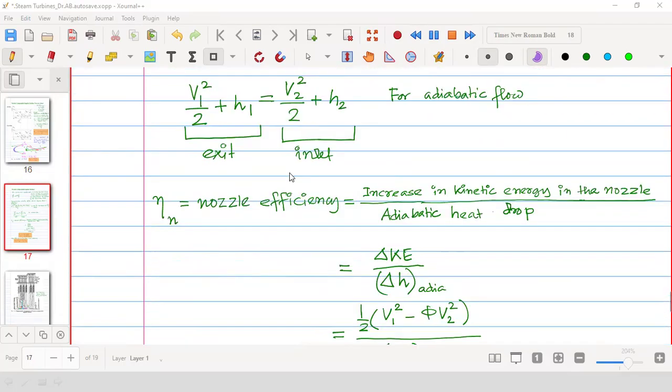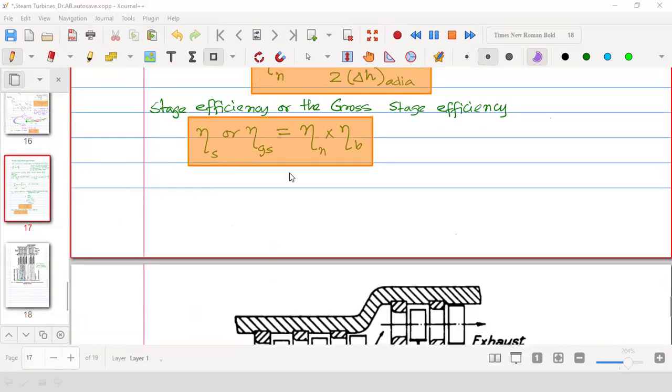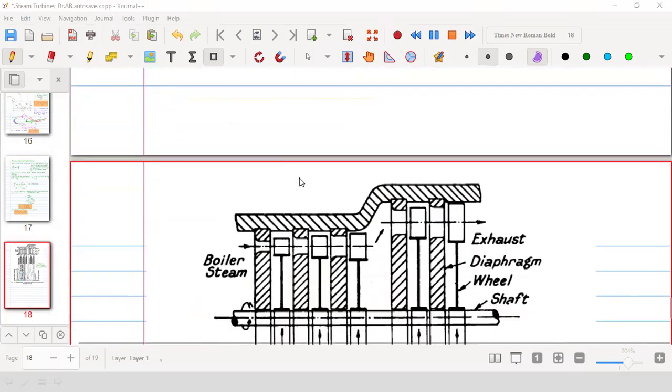Okay, so we have calculated that part, and there is one long calculation that I will separately record and upload in a video. That requires a little involved calculation regarding the change of stage, that means from one stage to another stage, the velocity diagrams and related calculations of nozzle efficiency.